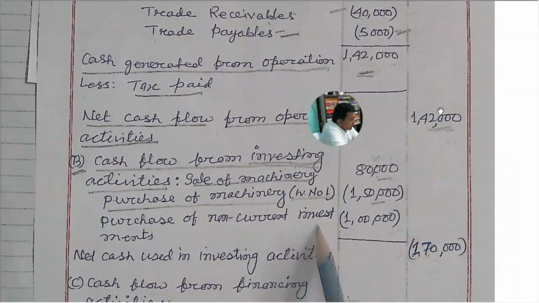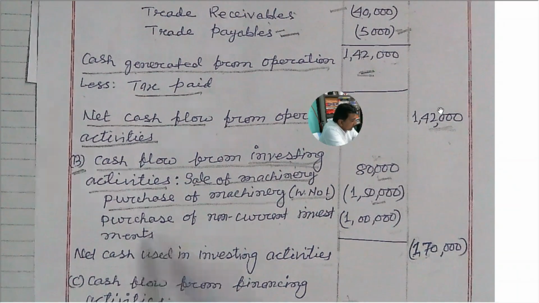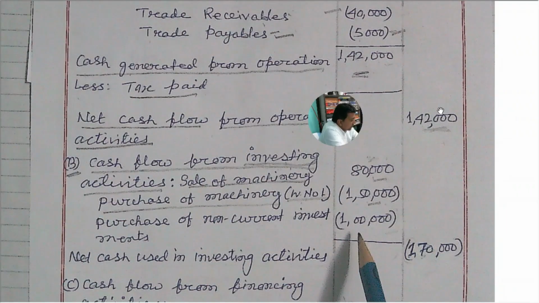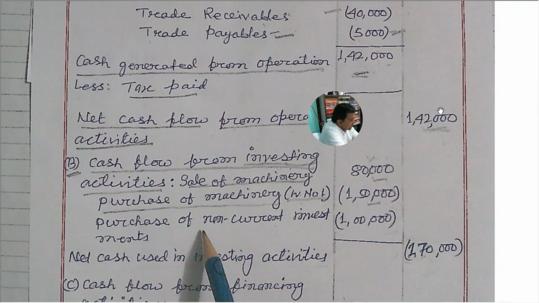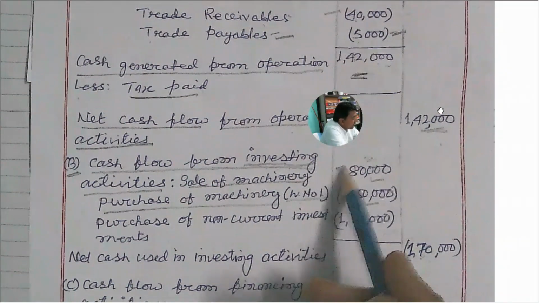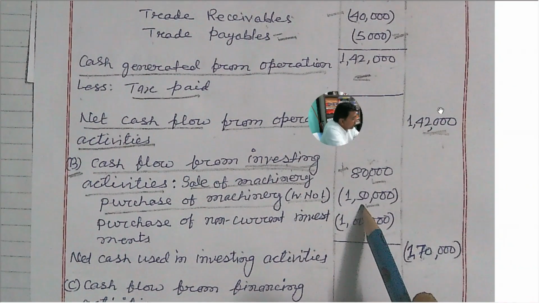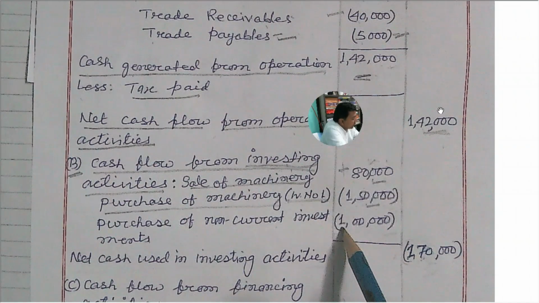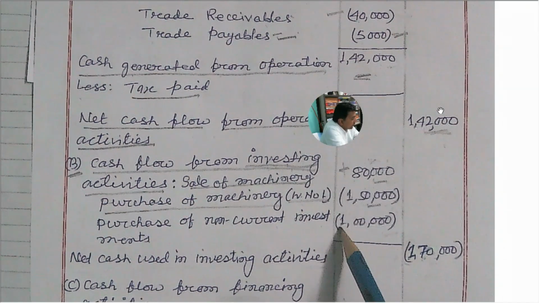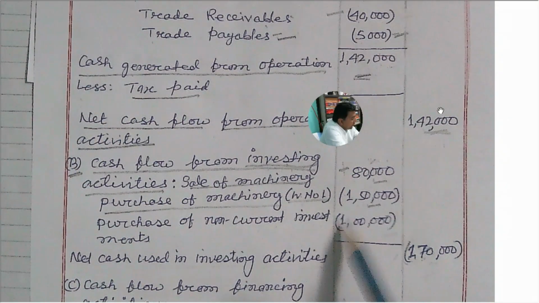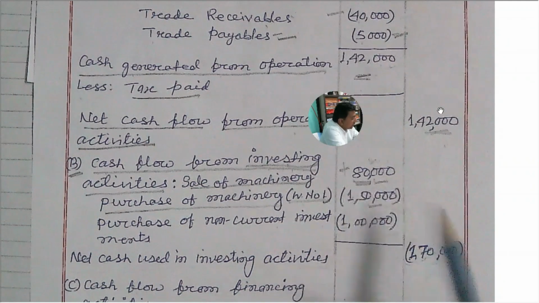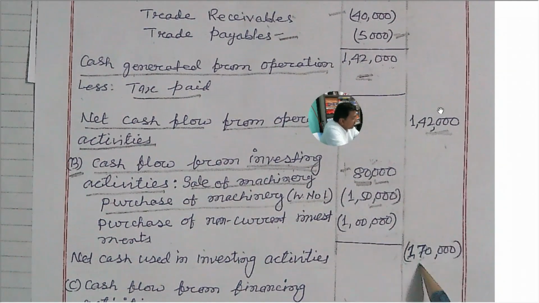And purchase of non-current investment: this is already explained, during the year 1 lakh was invested in securities. 80,000 is the plus figure, and the remaining 1,50,000 is minus, and 1 lakh is also minus. So 1 lakh plus 1,50,000 is 2,50,000, minus 80,000 is 1,70,000.